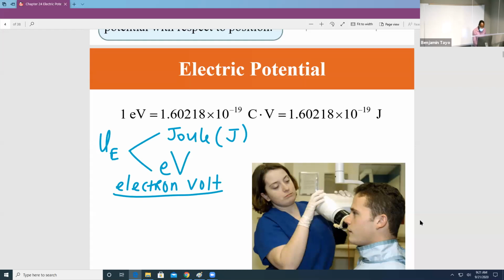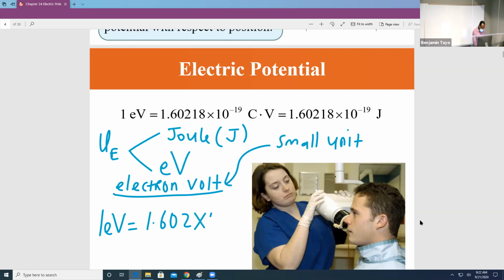The electron volt, eV, is a very small unit for energy. For example, 1 electron volt is equal to 1.602 times 10 to the negative 19 joules. So that's the conversion factor between an electron volt and the joule.